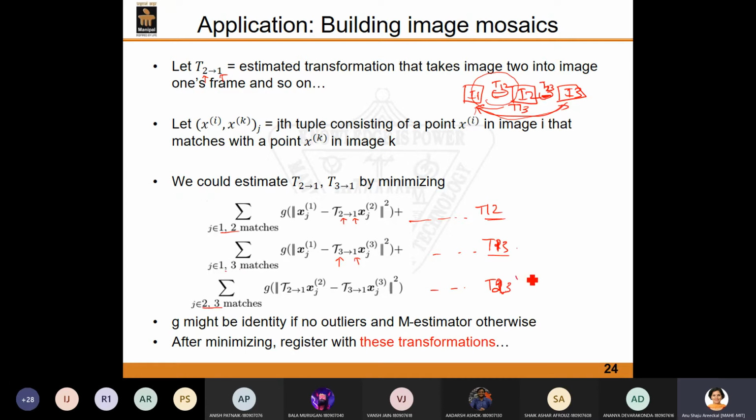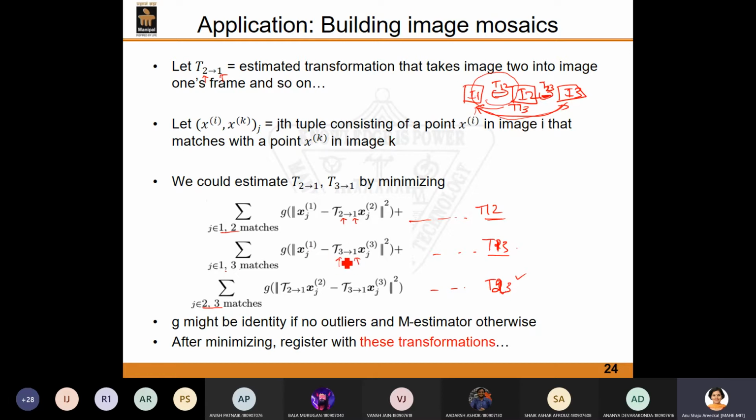In the T23 transformation, I could have denoted it just like how I denote it in this form. I could say I'm taking xj1, and xj1 becomes xj2 in this case, and then I'm trying to find the transformation.